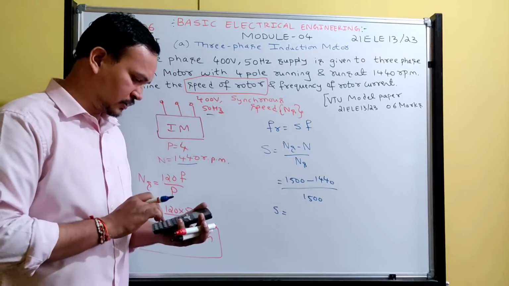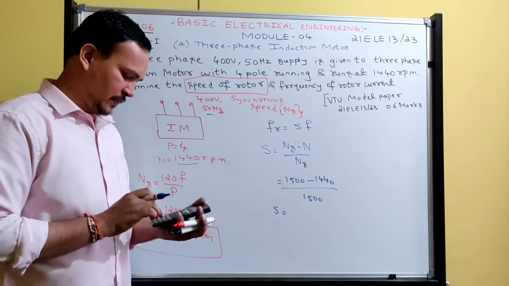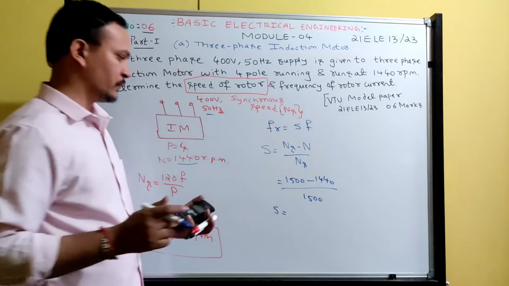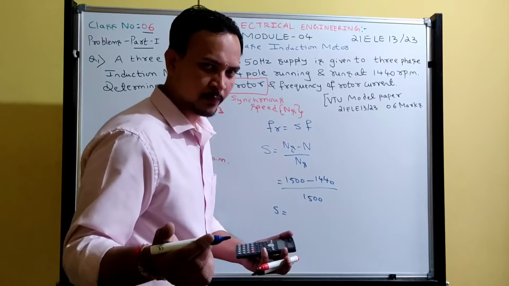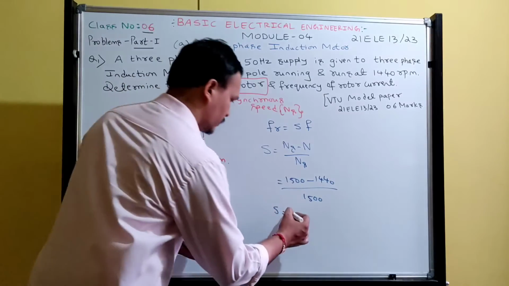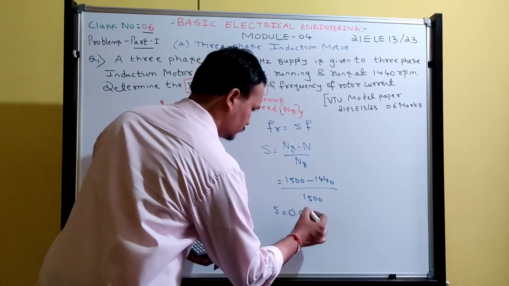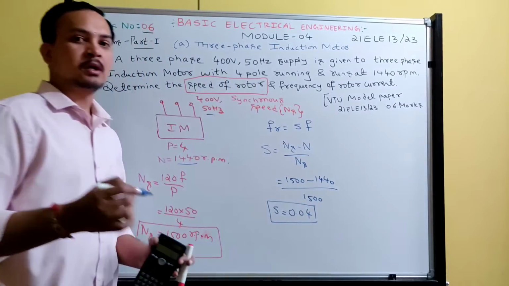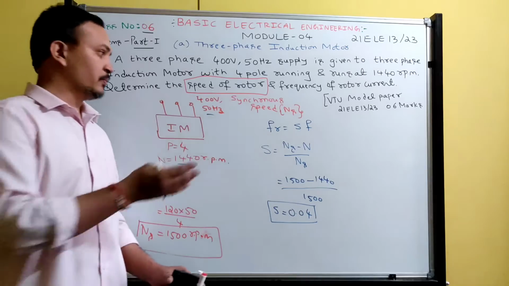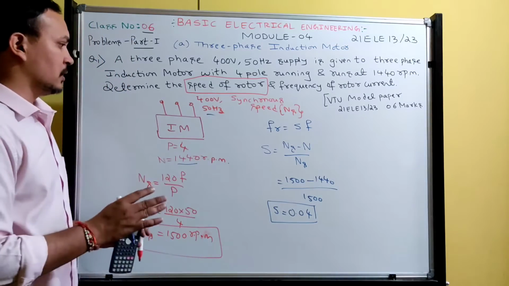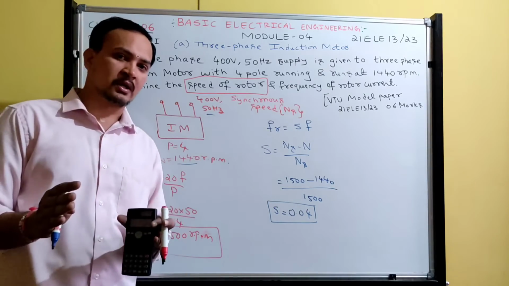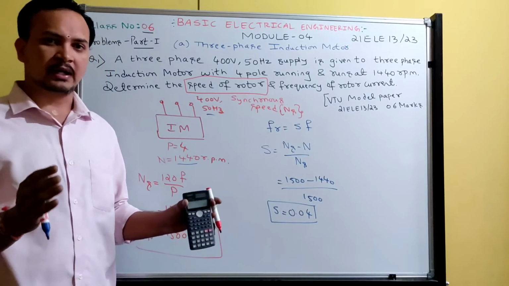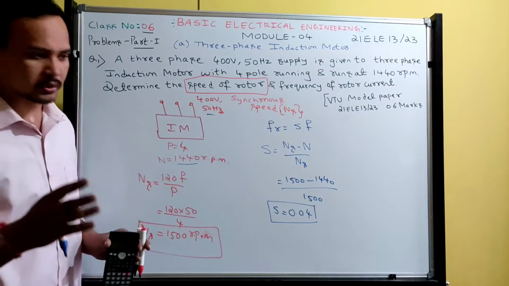Now calculate using the calculator. 1500 minus 1440, divided by 1500. By doing this, what value did you get? 0.04. Very good. So slip is 0.04. In the previous lecture I gave the concept of slip and its significance, including the range of slip for a good induction motor. All the details are already given in the previous lecture. Please go through that lecture.